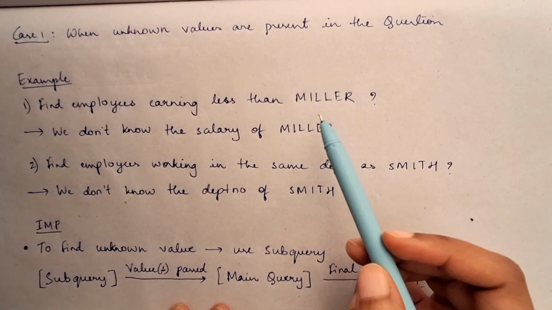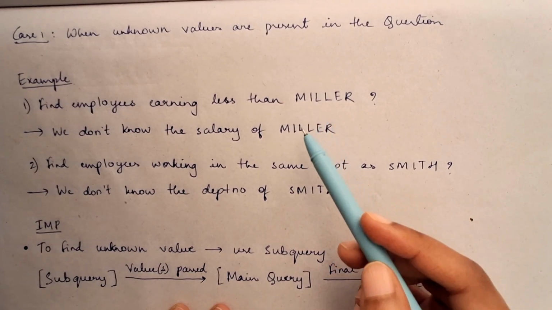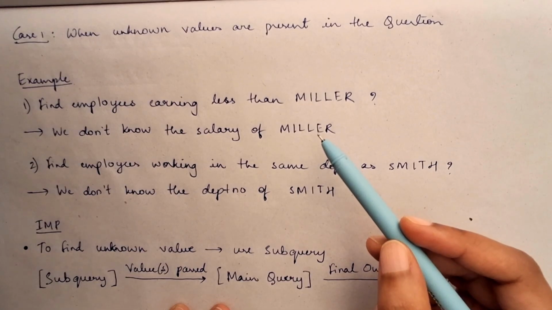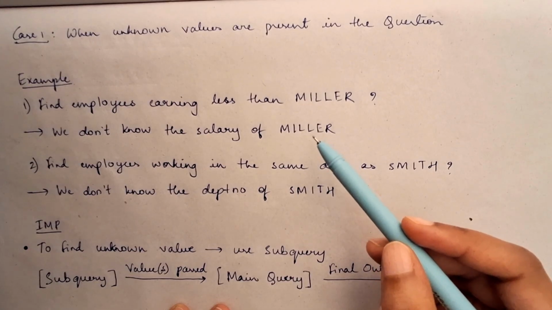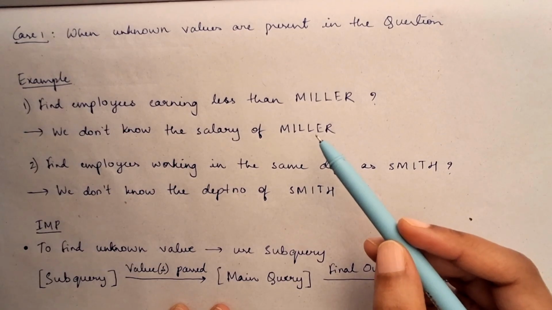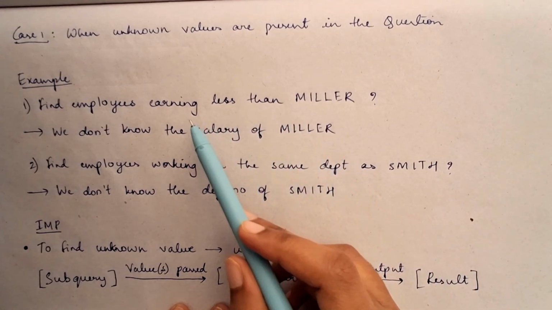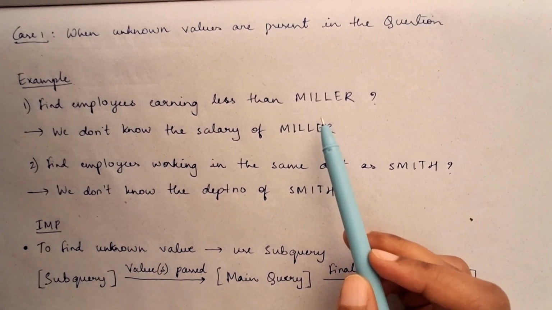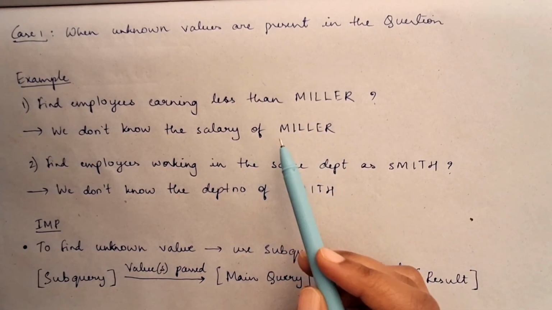Here, if they would have asked find employees who are earning less than 10,000, we would have written a query using the where clause where we would know the exact value, that is 10,000.